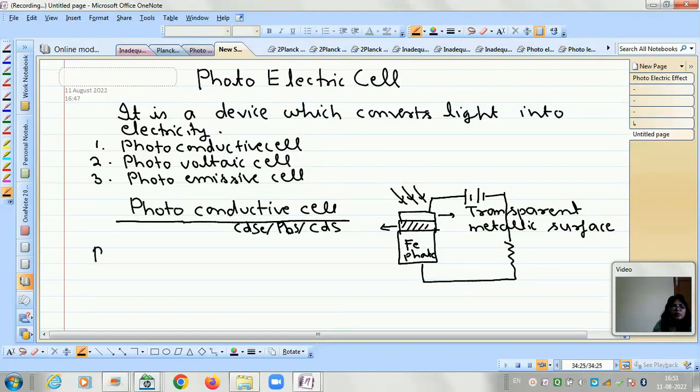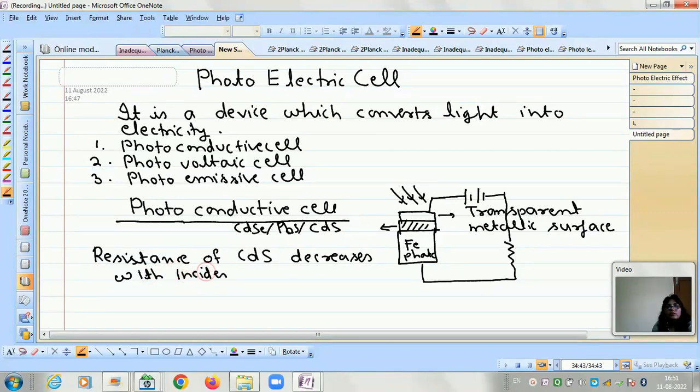So the resistance of cadmium sulfide decreases with incidence of light.